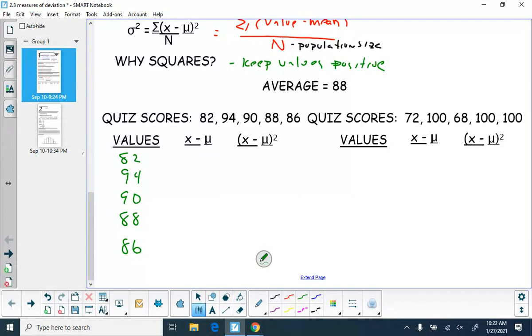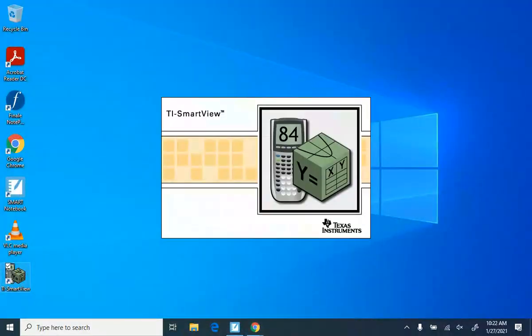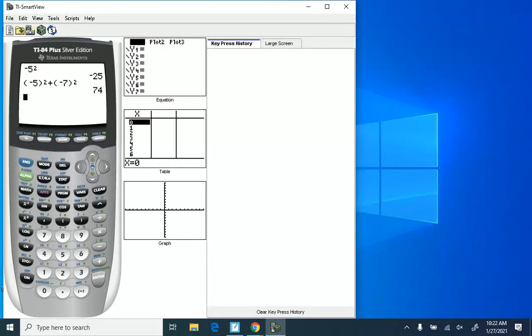Our next column, we want to take our value minus our mean, and then we're going to square that. Within your calculator, our first value is 82, so we have 82 minus 88.